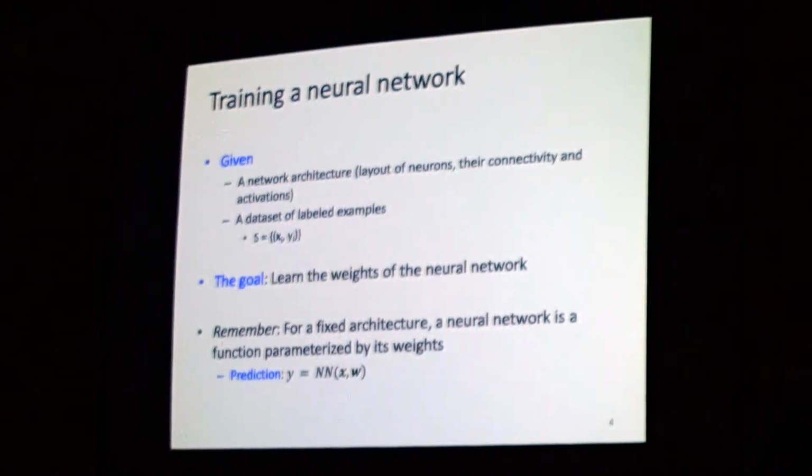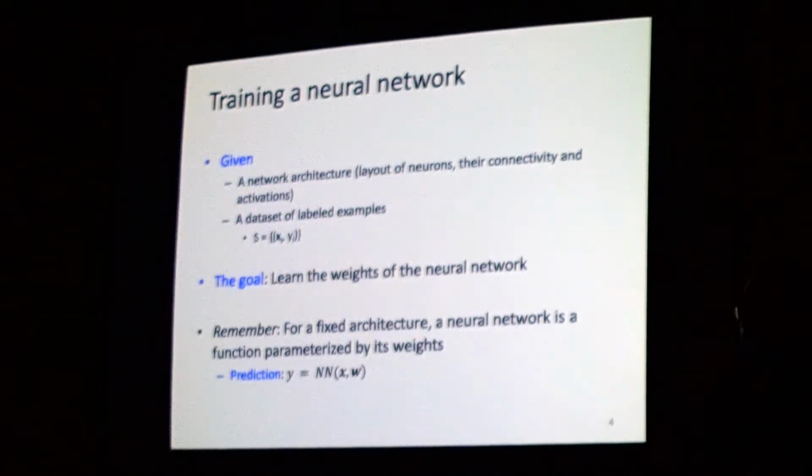Remember, the weights are essentially on edges. So we just want to identify those edge weights on the neural network. We call this procedure the training procedure. Once we get those edge weights, we can then perform any types of prediction we want, by following the forward path we just discussed.